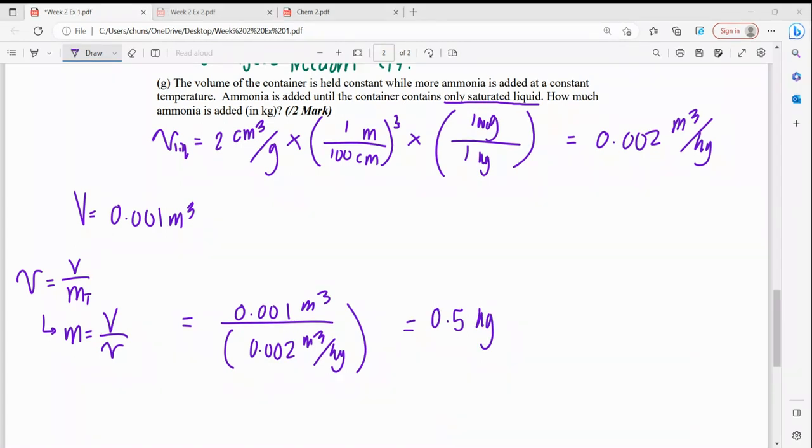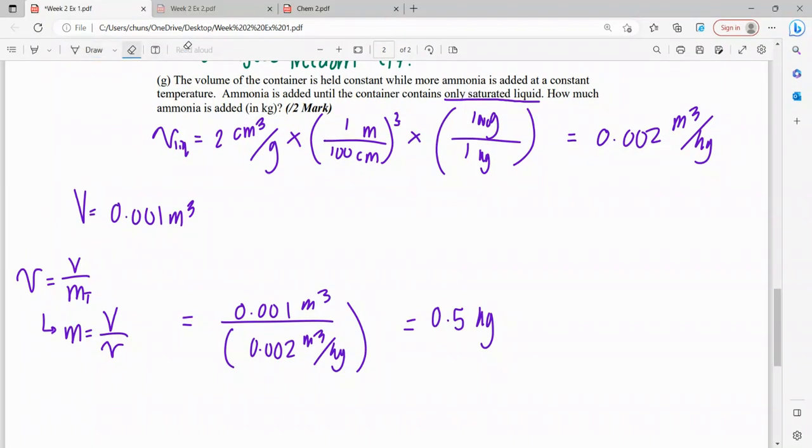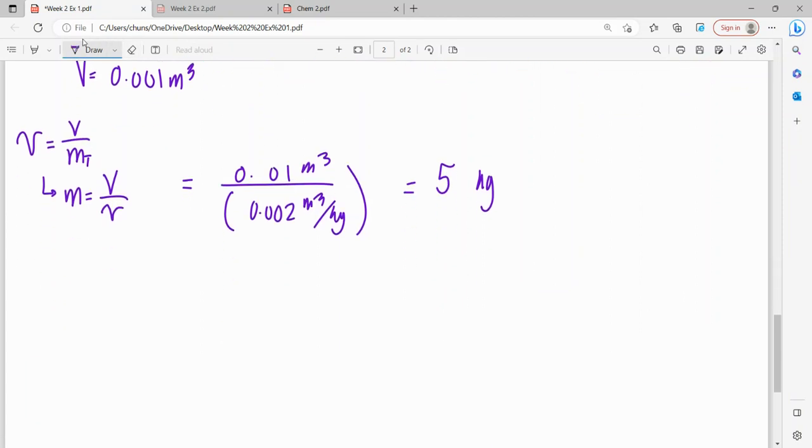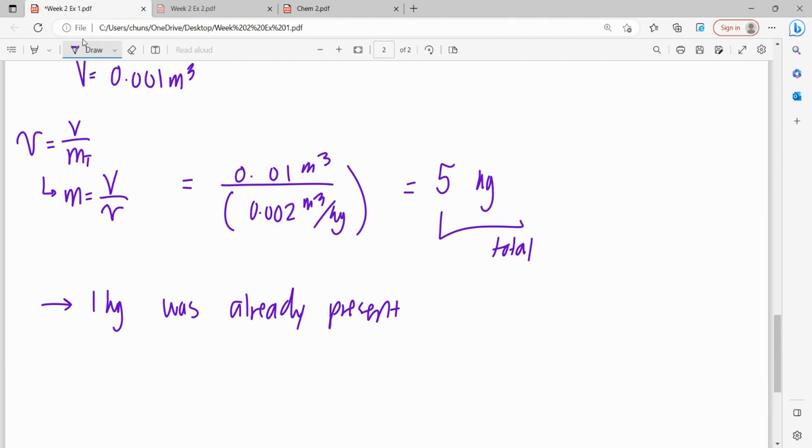Sorry, that's 0.01. This is meant to be 5 kilograms. And so we need to find out how much we added. So 1 kilogram was already present. So this is our total, right? If we want to find how much was added, we take 5 minus 1, which is equal to 4. So 4 kilograms were added.